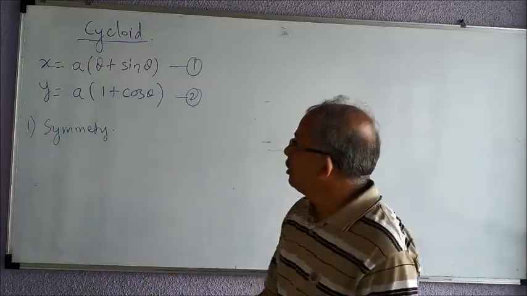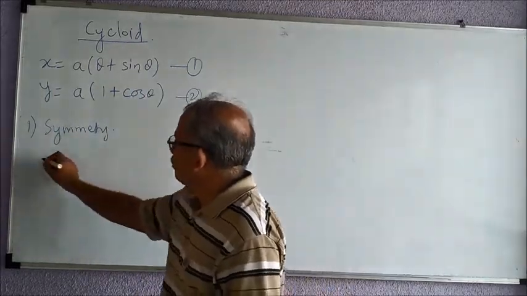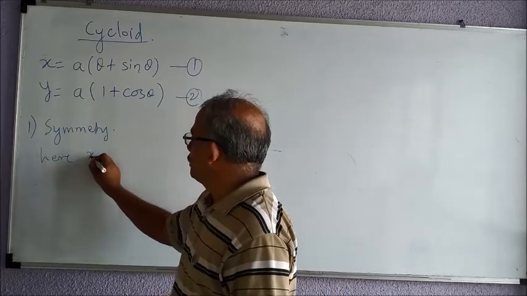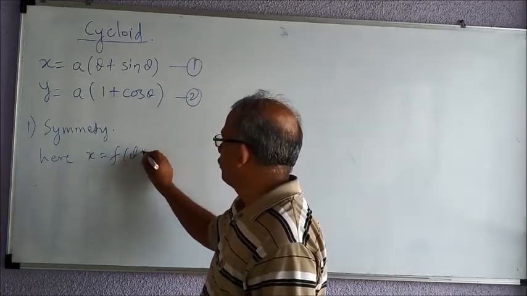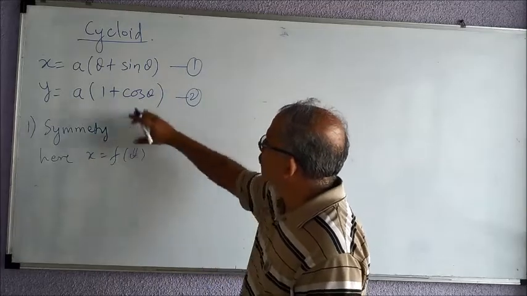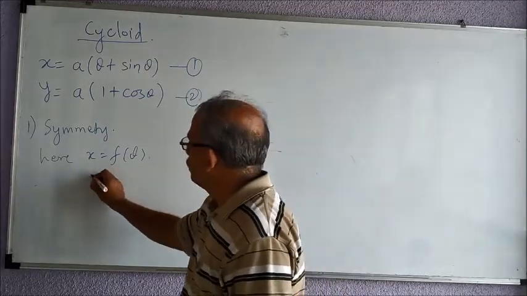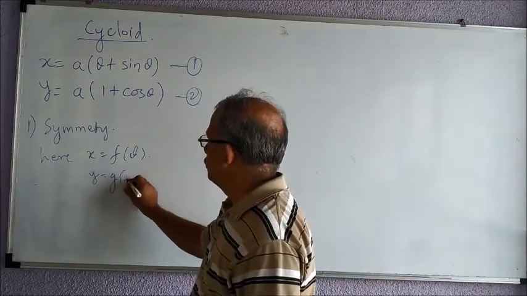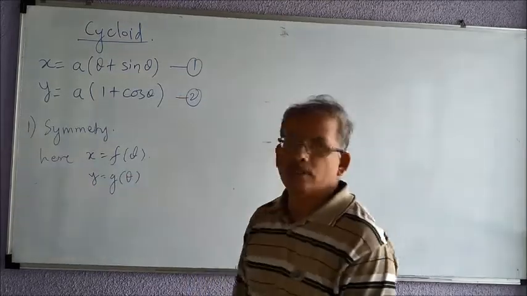Now you have observed that x is equal to f of theta, where f of theta is this, and y is equal to g of theta, where g of theta is this.